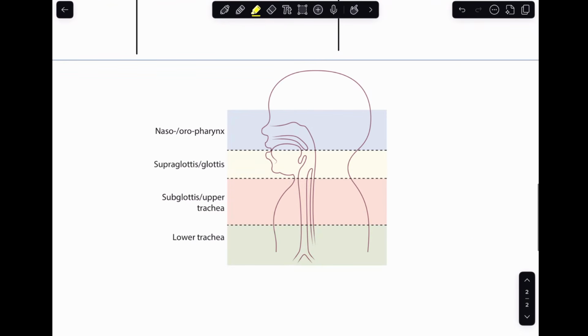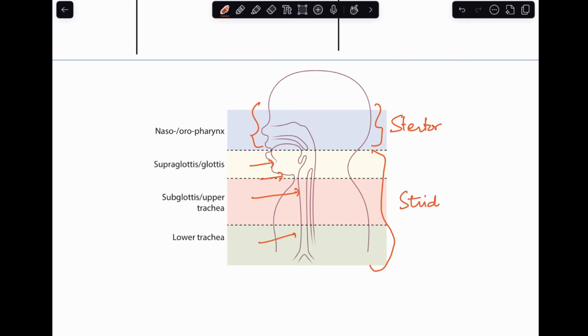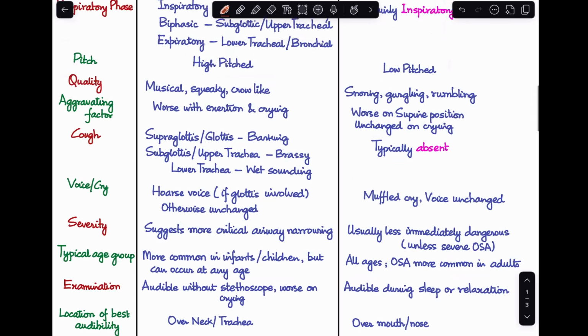So, if you look at this image over here, whenever this region is involved, the nasopharynx or the oropharynx, this is stertor. Whereas if it is involving the supraglottis, glottis, upper trachea, subglottis, or lower trachea, all of these will come under stridor. So we can see how the primary site of obstruction is very different for both of these.